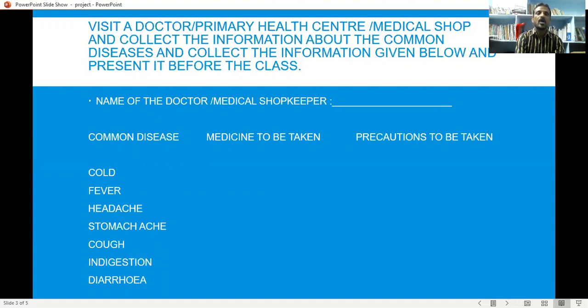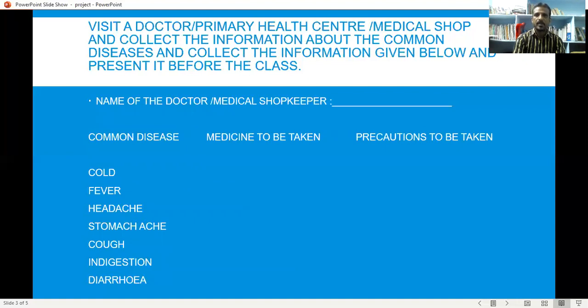Let us see on the screen. First, visit a doctor or primary health center or medical shop and collect the information about the common diseases and collect the information given below and present it before the class.